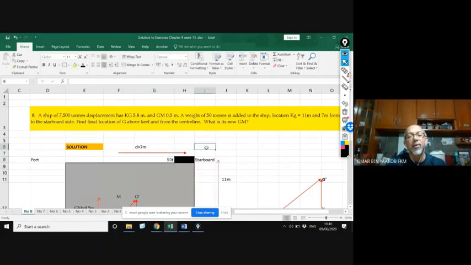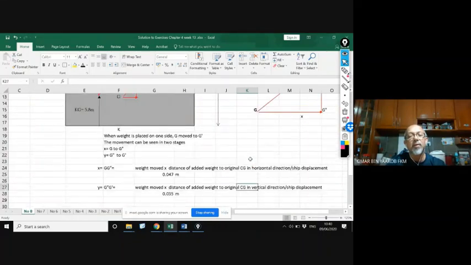Move 7 meter in the horizontal direction, divided by the total displacement 7,500. So it is 50 times 7 divided by 7,500, which is 0.047 meters. And Y is in the vertical direction.